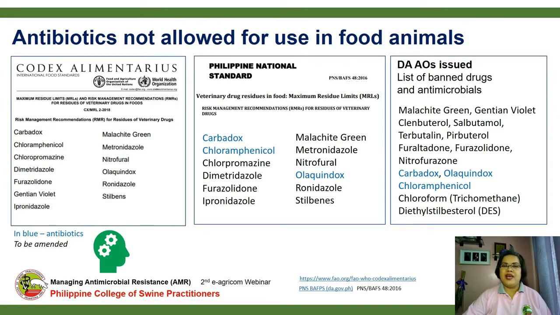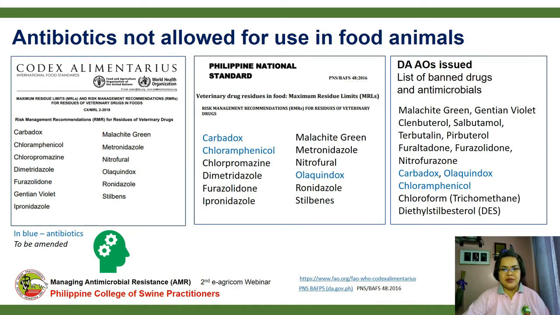So, if we have allowed antibiotics, there are also banned ones. Here I have put three similar lists. First, the FAO, or the Food and Agriculture Organization's Codex Alimentarius. It shows a list of veterinary drugs where risk management is recommended, and so no MRL or maximum residue limit is set. Simply put, no residue is allowed in the meat, so it is not allowed to be used in food animals.